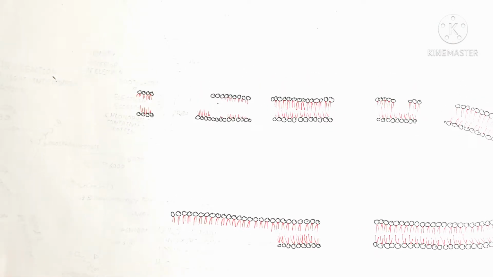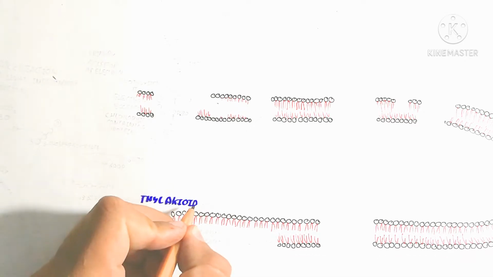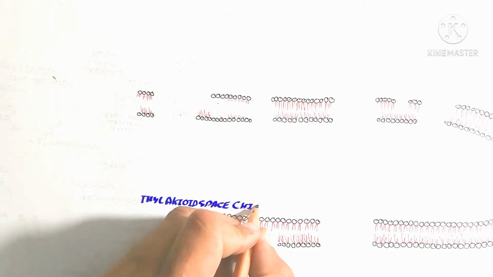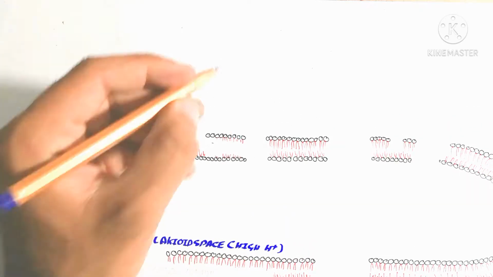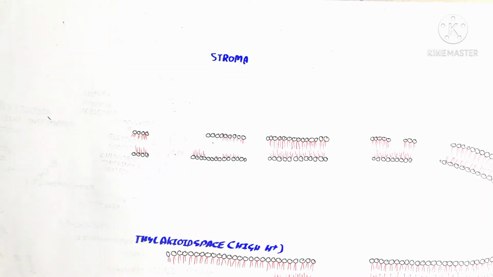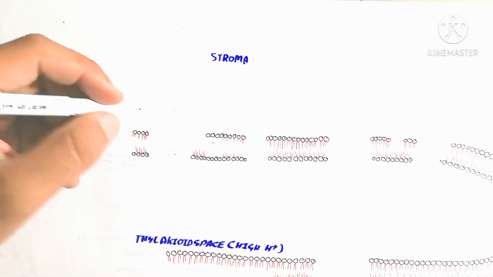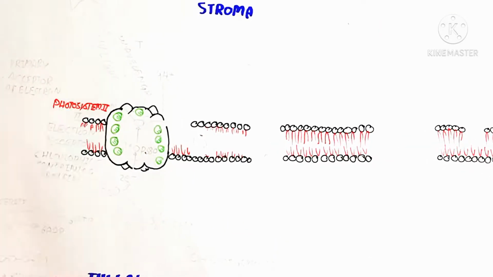First, remember the Z scheme model, which looks like this, but we will understand it easily, as it is the same as photosystem 1 and photosystem 2. Here is the stroma, and here is the thylakoid space, which contains a high concentration of protons. So remember that.